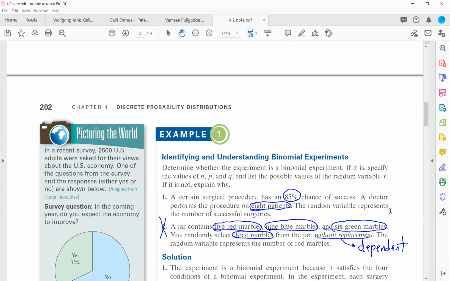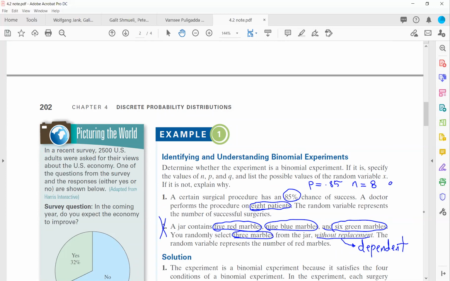For the first one, here we have a binomial experiment. Why is that? Because the patients are independent from each other. P, the chance of success, is 85%. How many patients in total? 8, so N is 8.